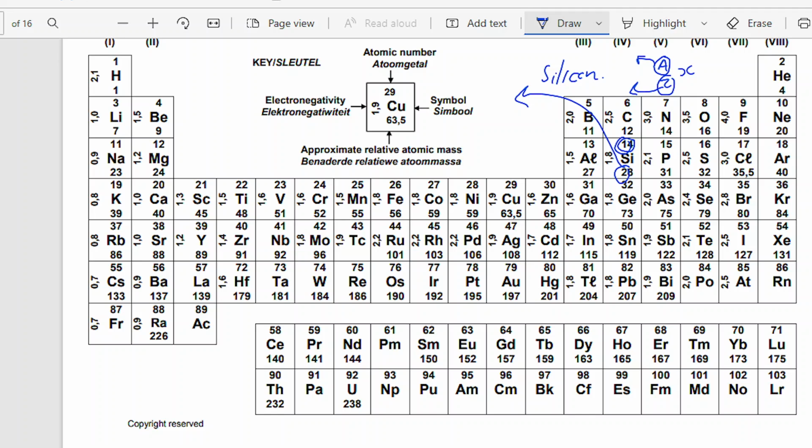Element with an atomic number of 11: where is number 11? Now 11 is sodium.